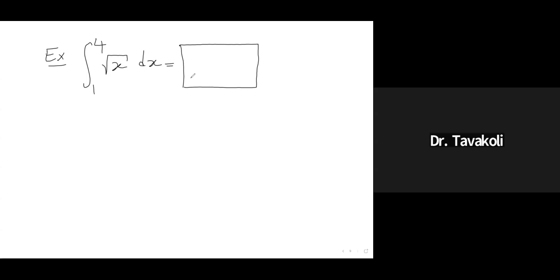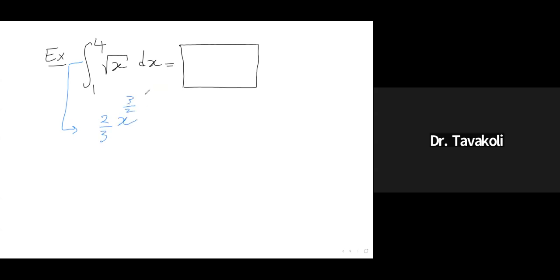The previous example makes our job a little bit easier because we know the antiderivative of radical x, as we calculated in the previous example, is 2/3 x to the power of 3/2.